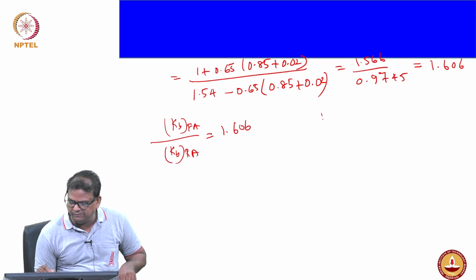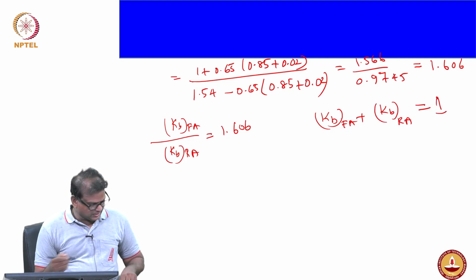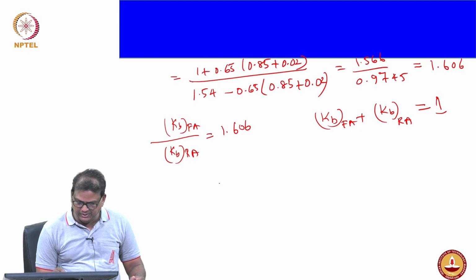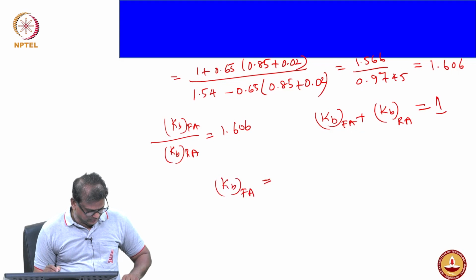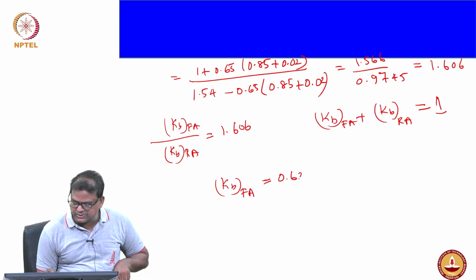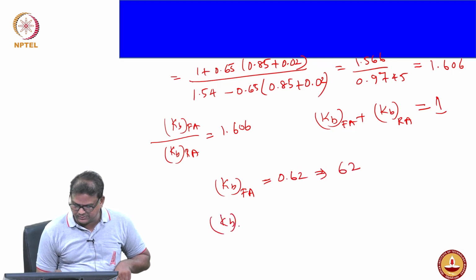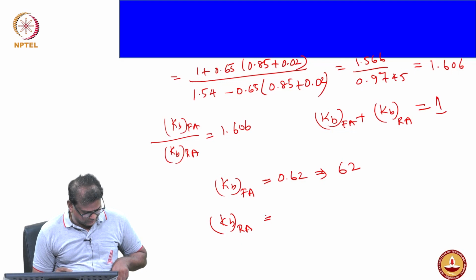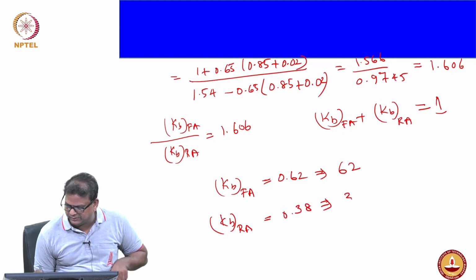The ratio is 1.606. But already we know that the summation of KB front axle and KB rear axle should always be 1. So using these two and substituting, finally you would expect KB front axle 0.62, or we can write 62 percent, and KB rear axle 0.38, which is 38 percent.